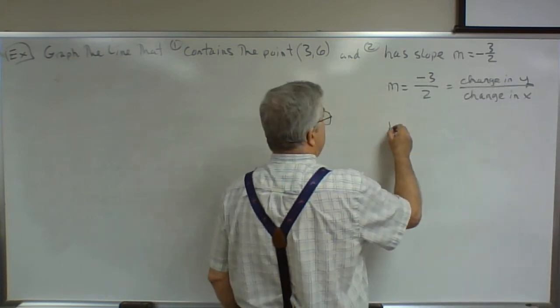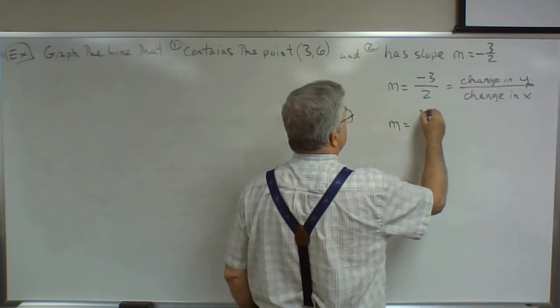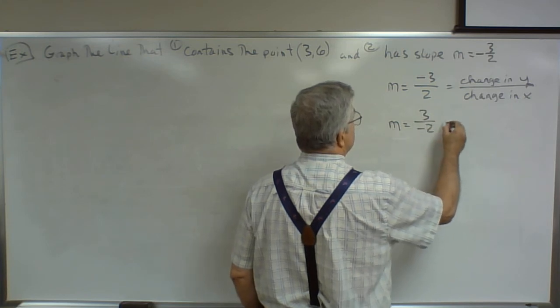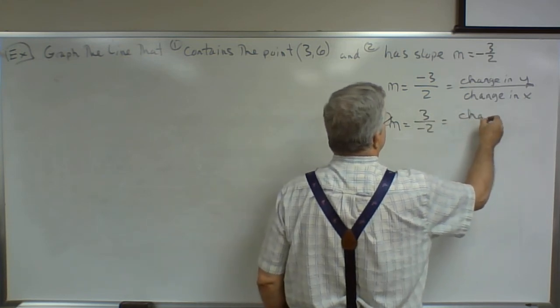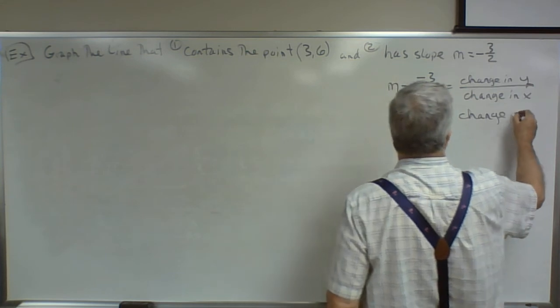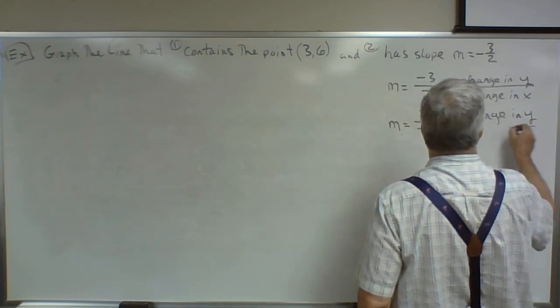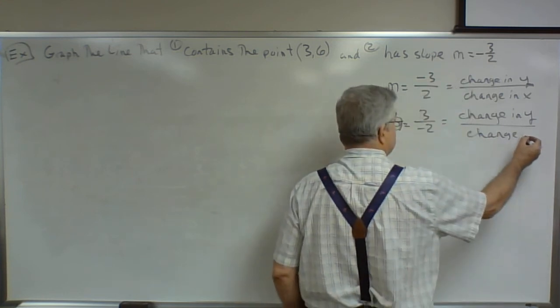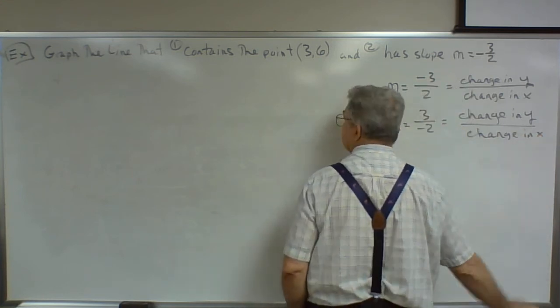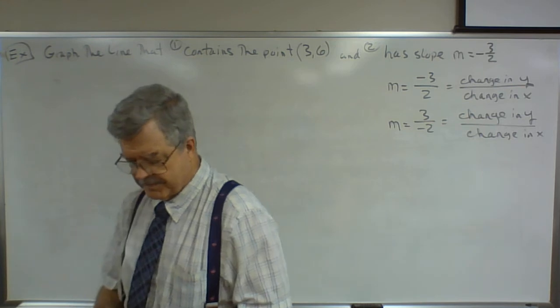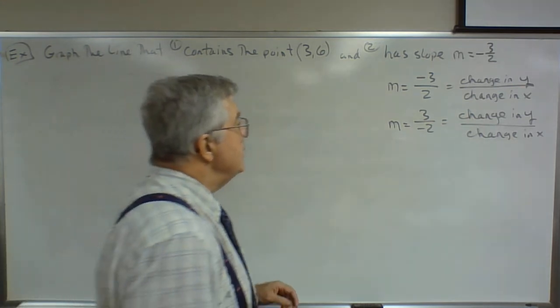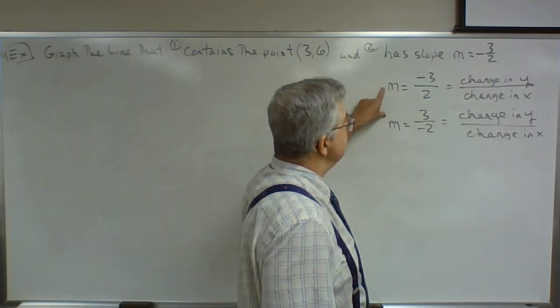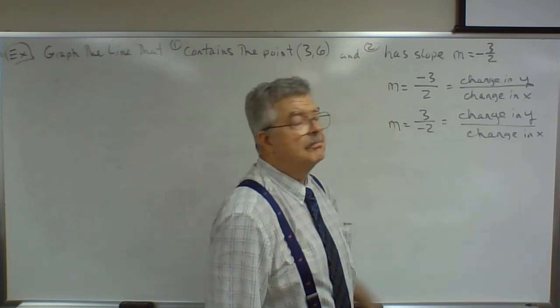Or we can say m equals 3/-2, change in y over change in x. Either one of these two interpretations will be good.